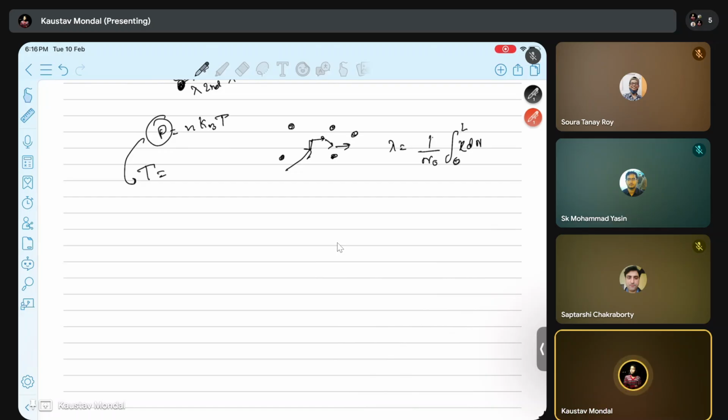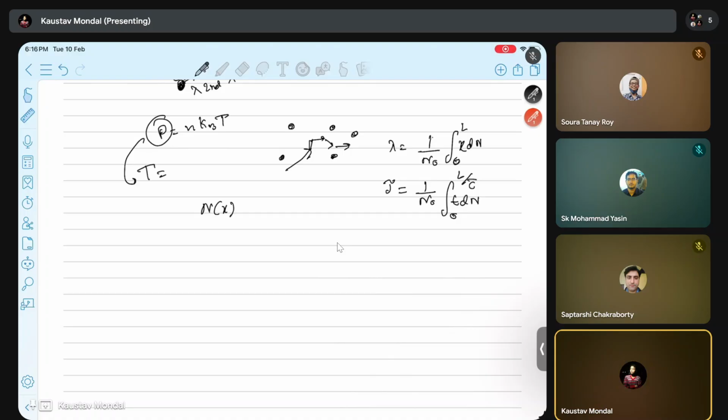Similarly, we also calculated the collision time. That is a similar concept, but now instead of distance it is the time: l by c bar, where c bar is the mean speed. From that we got a very important equation, the survival equation.